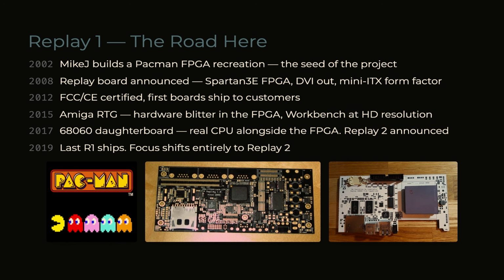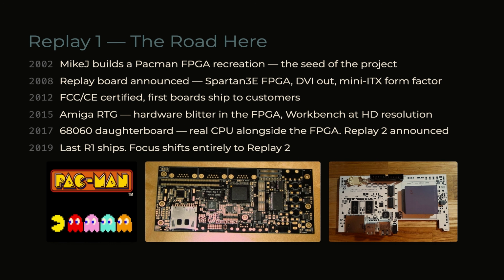Then in 2015 we got our Amiga RTG working, so you could run Workbench in high resolutions. In 2016 or 2017 we got it so you can actually use a real 060 connected to the FPGA. And at that time Replay 2 was announced. Then in 2019 Replay 1 was shipped, and the focus was shifted to Replay 2.